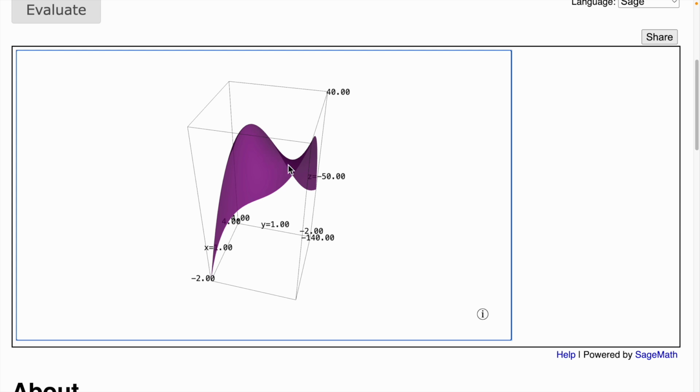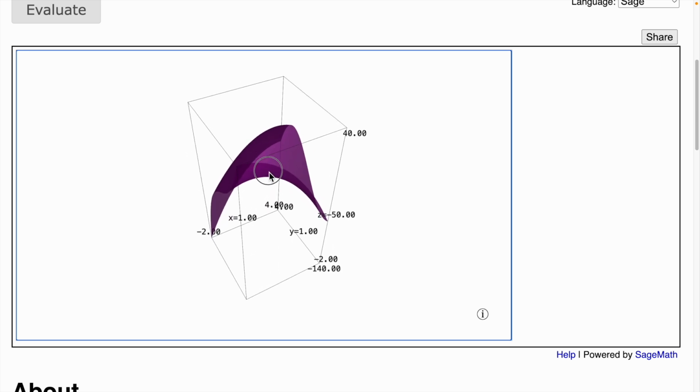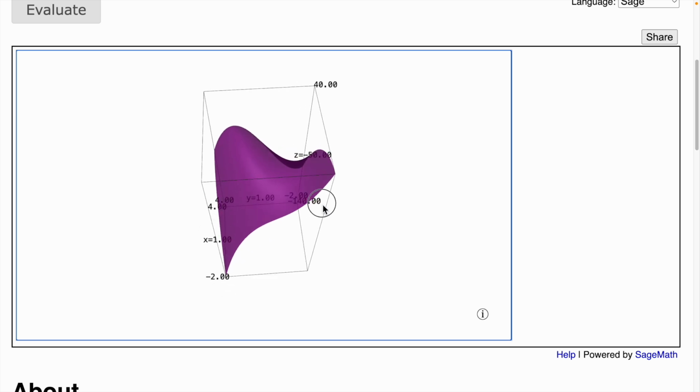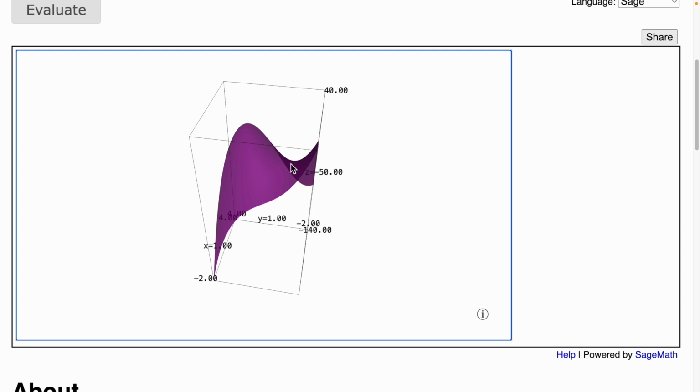So the saddle point, you see that if we look in this direction of the function, it looks like it's a minimum, right? But if we look at the same point from here, it looks like it's a maximum. This is because in some directions, at the saddle point here, there are points whose value is less than the value at the saddle point, and there are points whose value is more than the value at the saddle point.